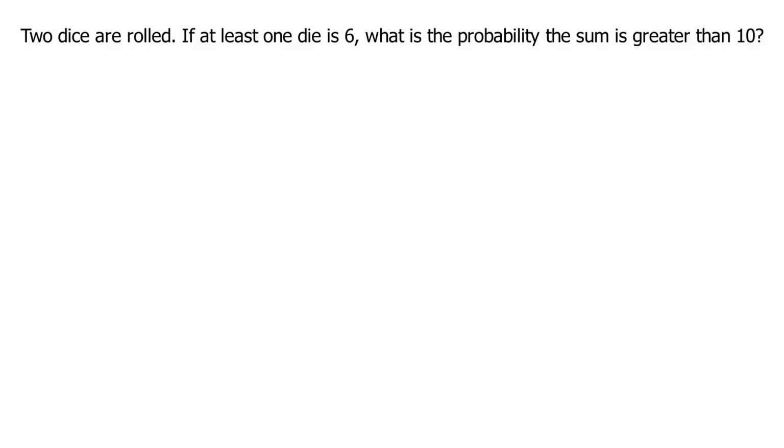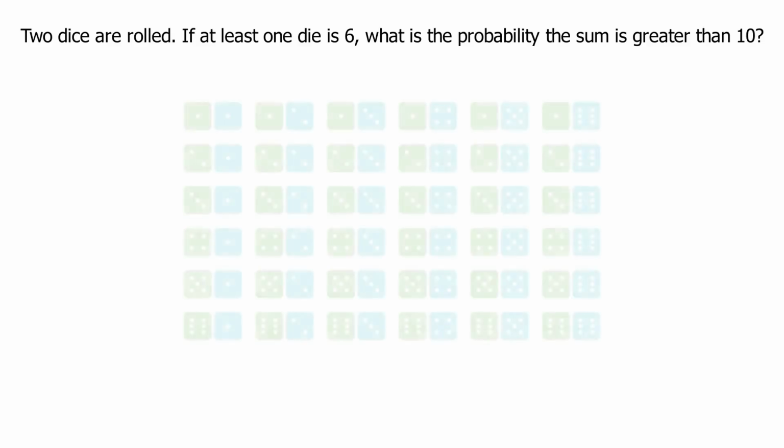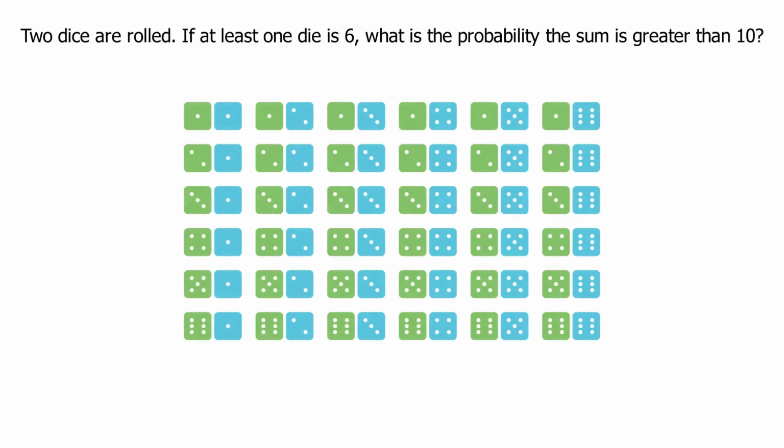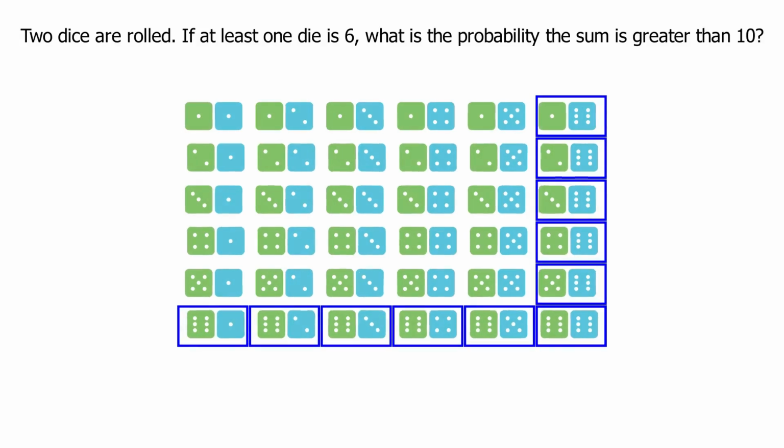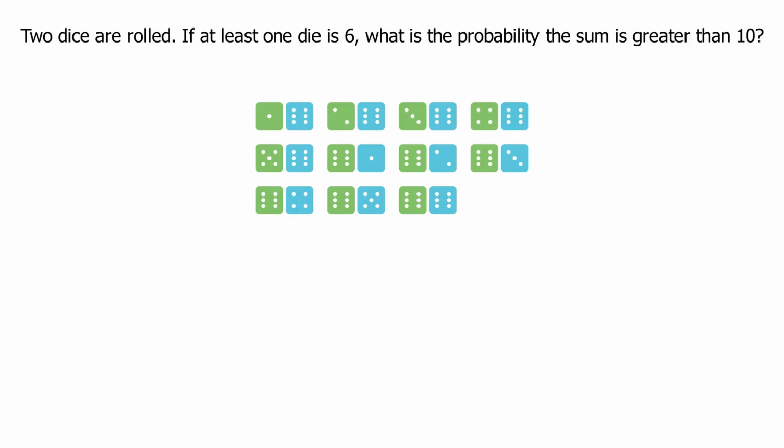So when we list out all the items, we do have 36 pairs, but out of the 36, the only ones that would have a 6 would essentially be the last row and the last column, which would consist of 11 pairs. So what we can do is narrow down our sample space to those 11 pairs.